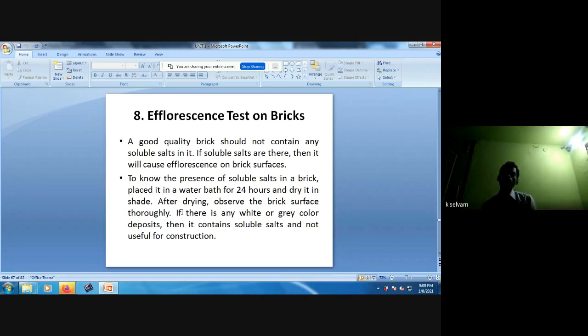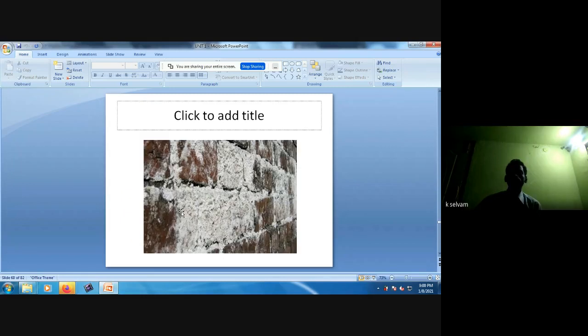If a larger amount of salt is present on the surface of the brick, it cannot be used for construction. This image shows the efflorescence. Here the salt is deposited on the surface of the brick.